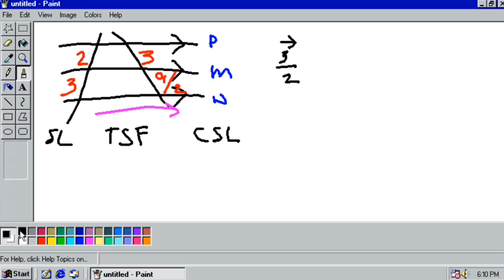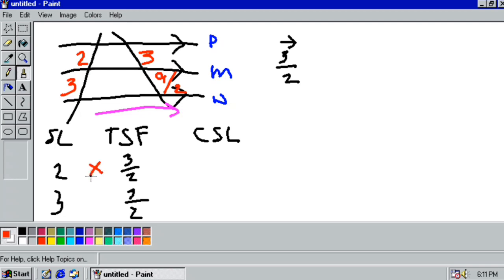So when we're working from left to right, we should have 2 here. On the line segment, we're gonna have the left side. So we have 2 and 3 times the scale factor, which is 3/2. So we're just gonna have 3/2 like that.